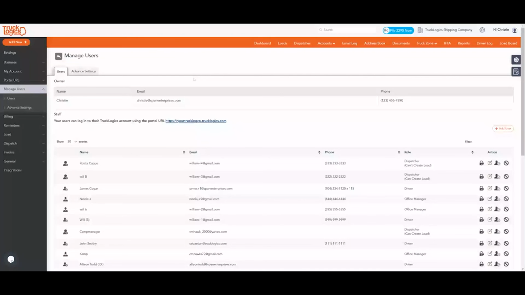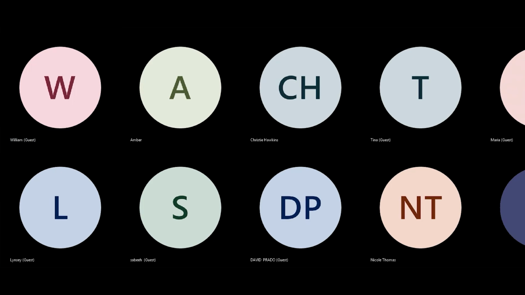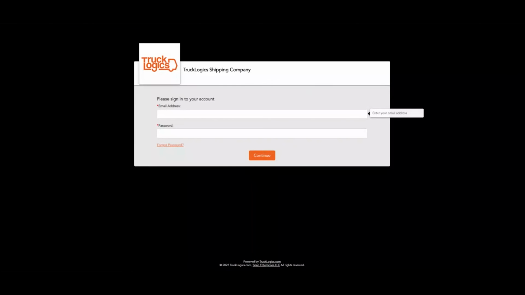So you might see the screen go blank. What I'm going to do is click on the URL, and it'll open up another window that has the sign-in information. And I'm going to sign into one of the driver accounts and show you what that will look like. So right here, this is what your screen is going to look like for any drivers and staff members who are assigned a role.